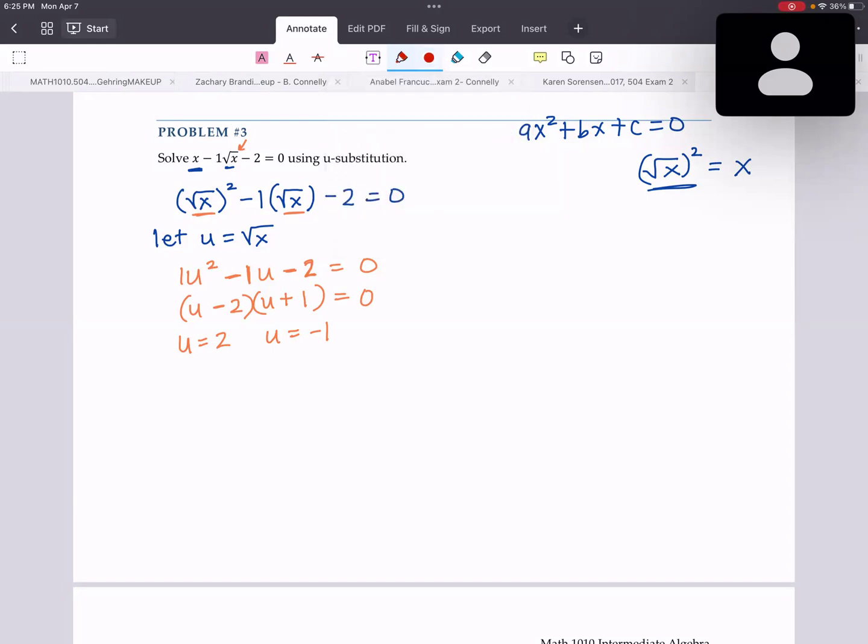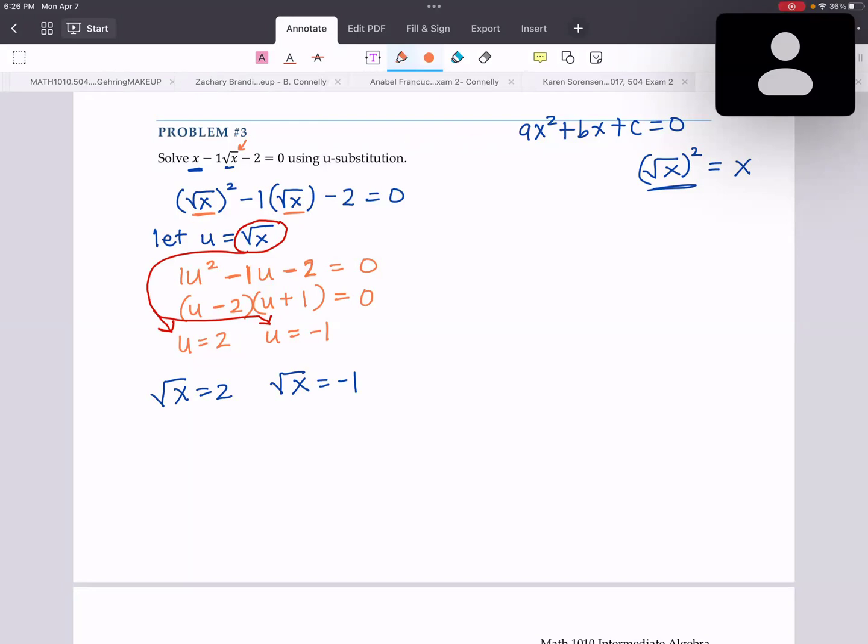All right, so I have to take what we said u is, and we're going to substitute it back in place of those. So I get square root of x equals 2 and square root of x equals negative 1.